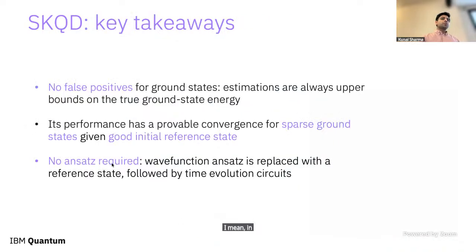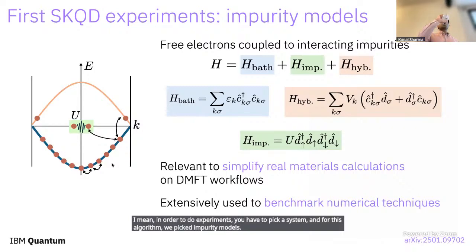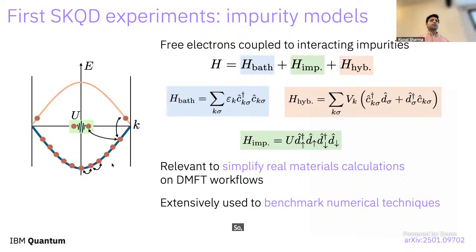In order to do experiments, you have to pick a system. And for this algorithm, we picked impurity models. Impurity models are a good test bed for materials calculations. The reason we picked these is because we were hoping that the sparsity assumption could be satisfied for these models.